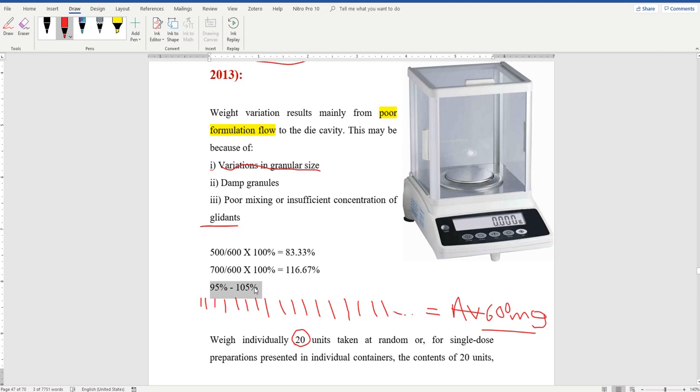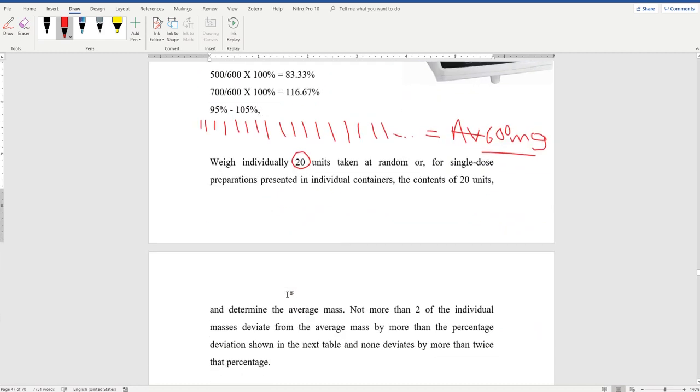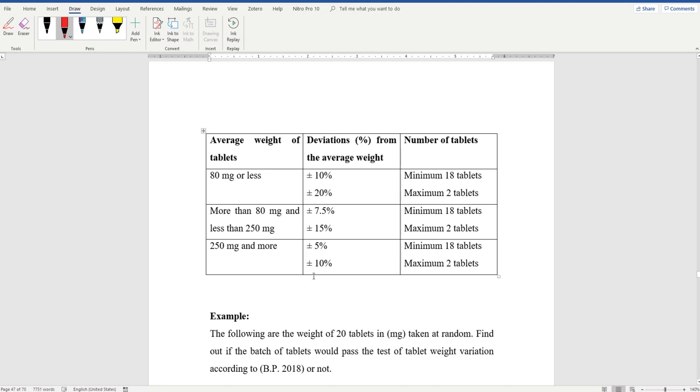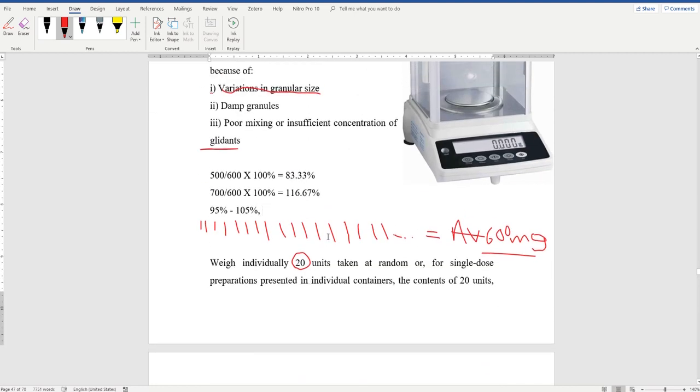If one or maximum two of the 20 tablets are not in this range, then compare it with double the range. Double the range, instead of plus minus 5, becomes plus minus 10%. It means compare it with 90% to 110%.